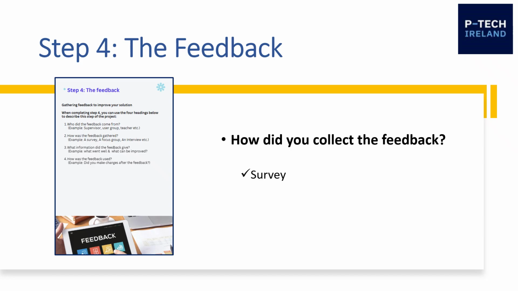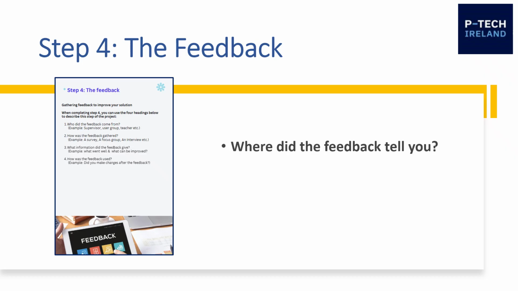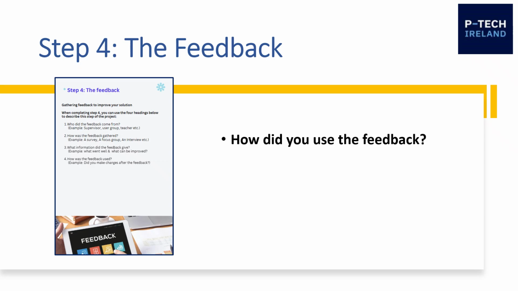Did you use a survey? Did you use a focus group, or did you use an interview? Your project report should tell the reader what information the feedback gave you. Did it tell you about what's going well with your solution, or did it tell you about what you might improve?